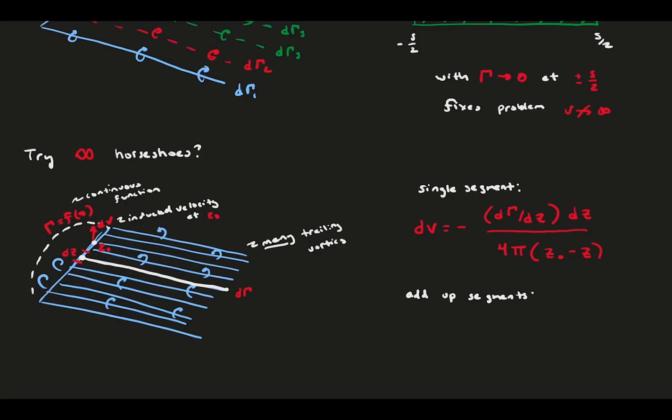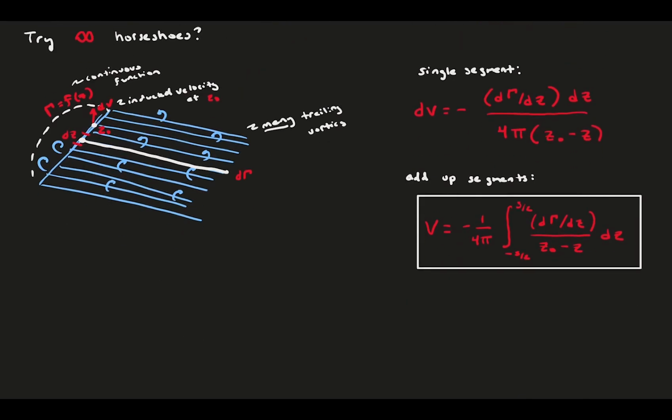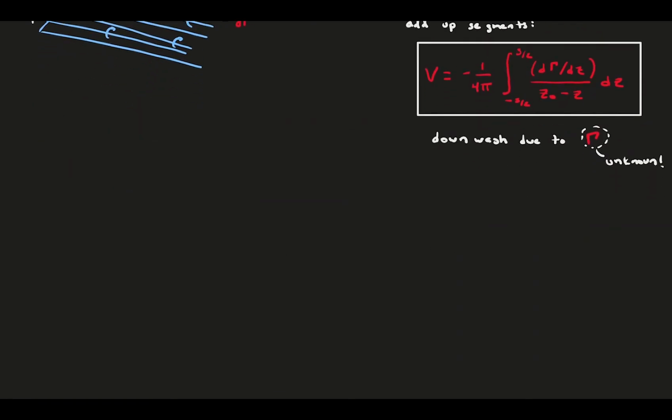If we want the entire induced velocity distribution, v, we have to add up all of our vortex segments. This integral represents the downwash due to a strength distribution gamma, which is still unknown. Next, we can use this to give us an expression for the induced angle of attack.